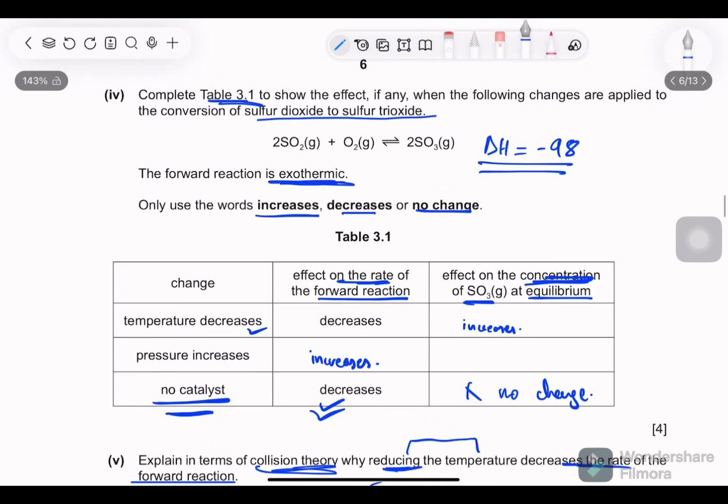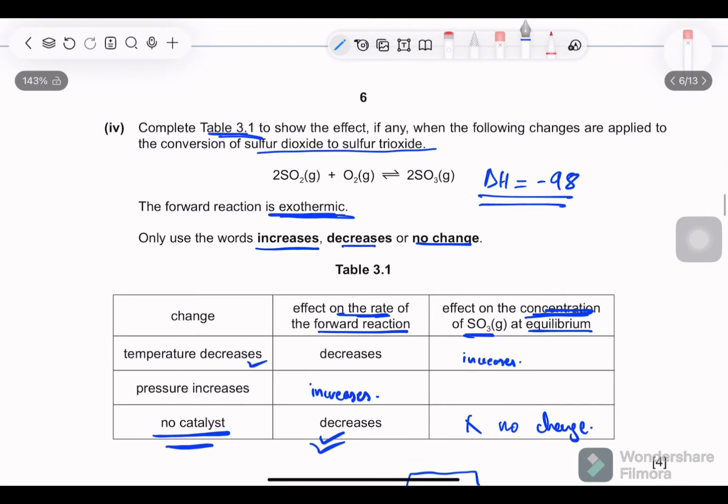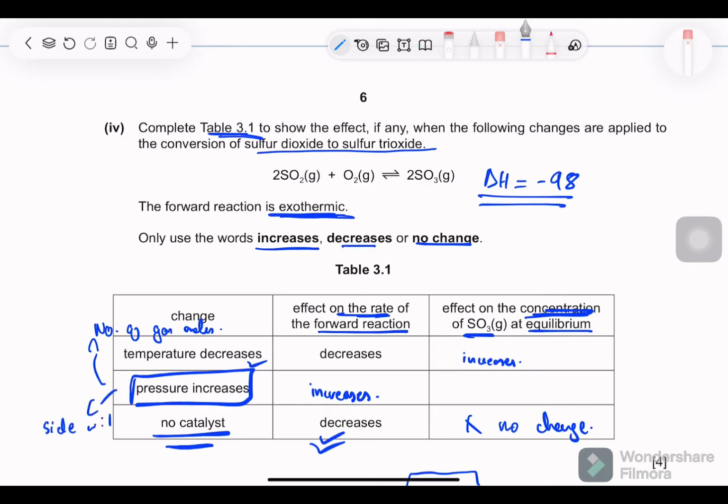Now I notice we left this. What is happening? Pressure is increasing. So when pressure is increased, what happens to the equilibrium? It depends on the number of gas moles. When pressure is increased, the side with fewer gas moles is favored, meaning the equilibrium shifts to the side which has fewer gas moles.